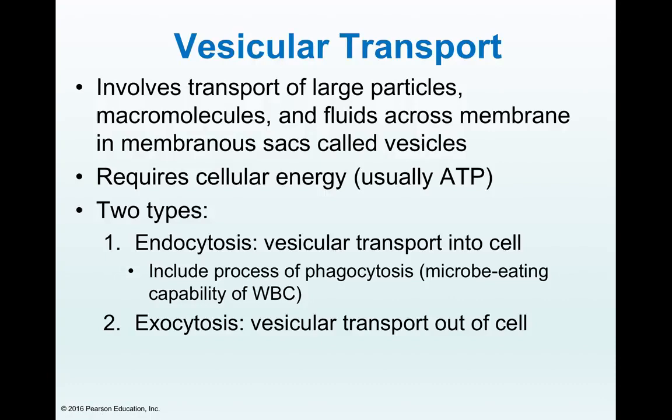Now, as I mentioned, when we talk about endocytosis, we have a specific type of endocytosis called phagocytosis, which is associated with your white blood cells bringing in microbes or components that need to be destroyed. They basically bring them in using the mechanism of endocytosis and destroy the bacteria or the infective agent.